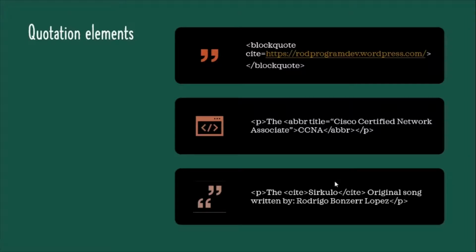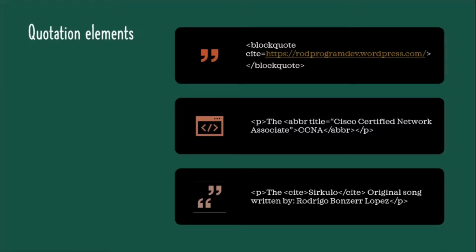I wrote that song. So we can use the cite tag, which defines the title of a creative work, like for example a book, a poem, a song, a movie, a painting, a sculpture, and so on. Just take note that once we use the cite tag, this will usually be rendered as italic.